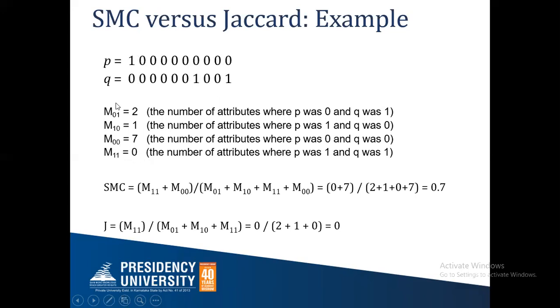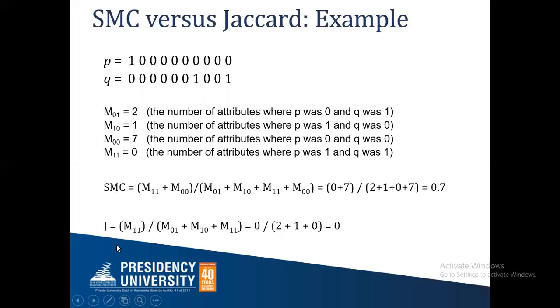Now substituting these values in the formulas for SMC and J. For SMC, M11 plus M00: M11 is 0 plus M00 is 7. So 0 plus 7 is the numerator, divided by all the values, 2 plus 1 plus 7 plus 0. So the simple matching coefficient we get as 0.7.